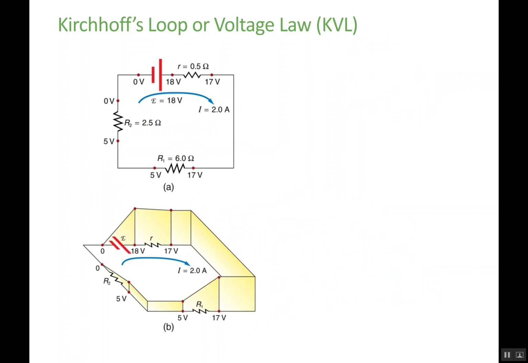Okay, next up is Kirchhoff's loop law, or Kirchhoff's voltage law, which I abbreviate KVL for short. This law is a statement that energy is conserved. If you recall, voltage is electric potential energy per unit charge. So Kirchhoff's loop law is a statement that voltage is conserved in electric circuits.